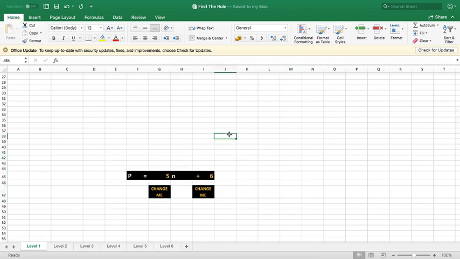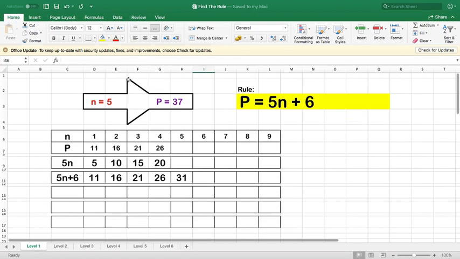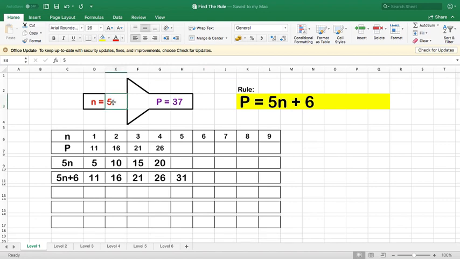And what you can do is change the rule to something else. So p equals, let's say, 8n, we can make it a minus 3, like that, and it'll change the rule to 8n minus 3. And then up here it will generate different numbers for whatever you put in.